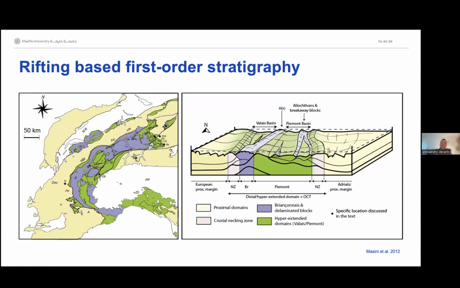So it means that in the economy, let's say, of the Wilson cycle, the rifting stage will create the first unconformities, stratigraphies, basins, first-order tectonic boundaries that remain throughout the whole evolution of the chain. And this is very important.